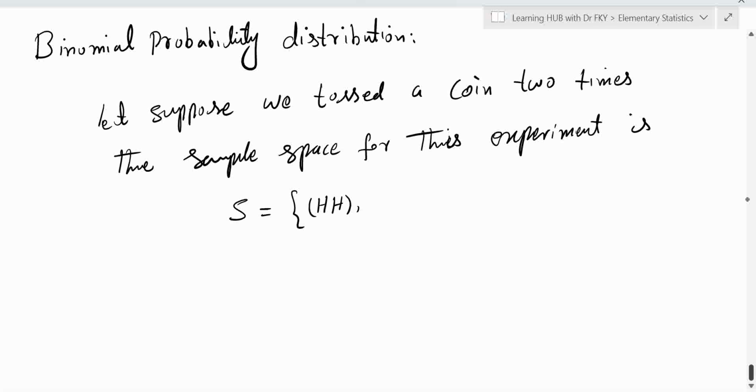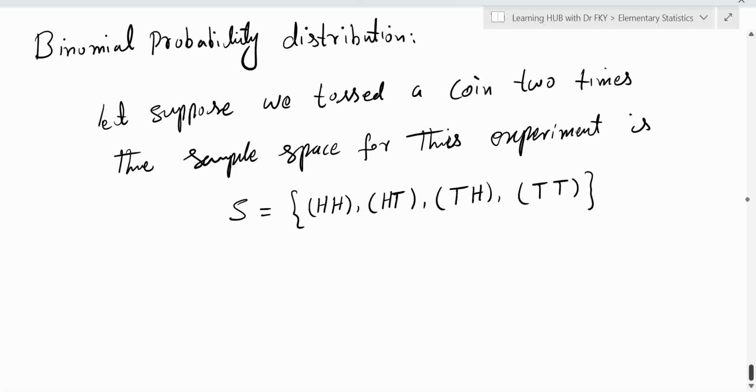That is one possibility. The second outcome can be head on the first and tail on the second. The third possibility is tail on the first, head on the second. And the fourth possibility is that both have tail. So these are all the possible outcomes of this experiment.